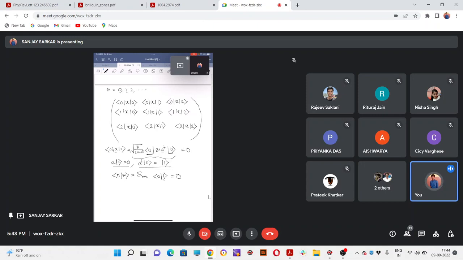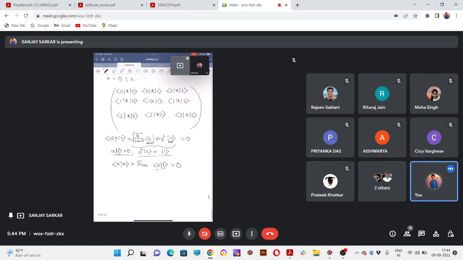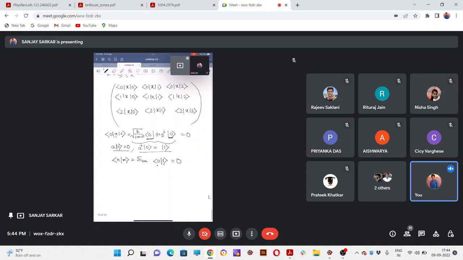Since a acting on 0 is already 0, and a dagger acting on 0 gives us 1, and together using the orthogonality property we get this is 0, and this should be applicable to all the diagonal elements. If we see the next diagonal element, we can use these properties and we can show that this is also 0, and similarly this one is again 0 using these two properties.